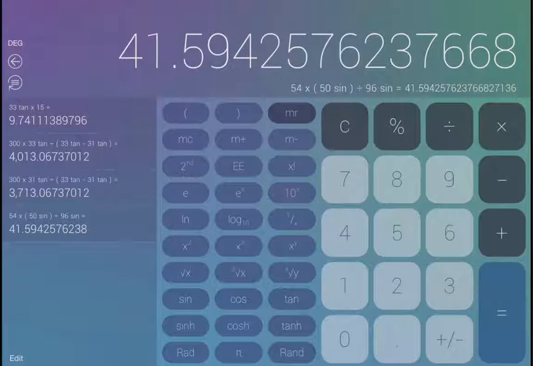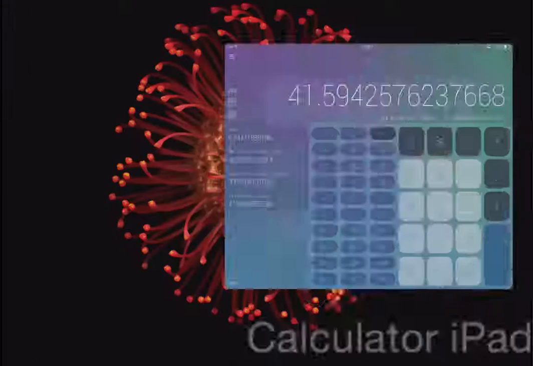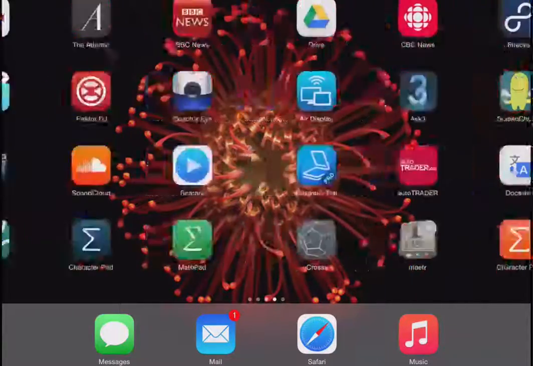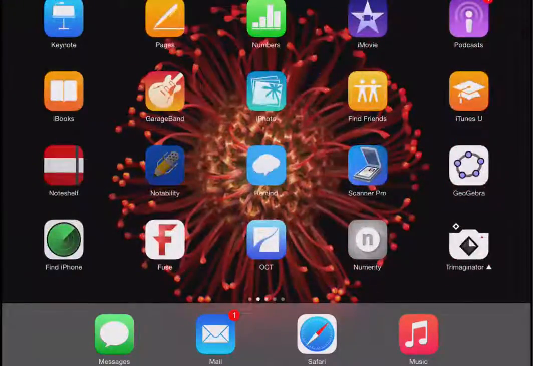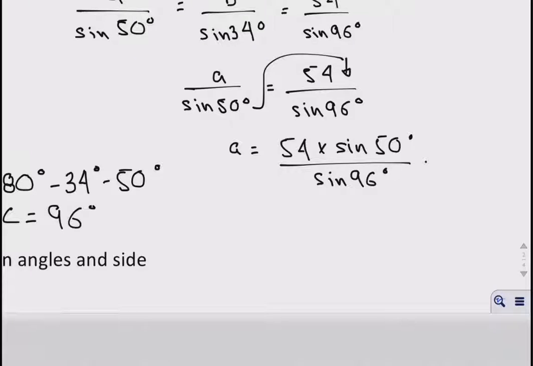So let's remember that 41.6 is our side. A is equal to 41.6 units.